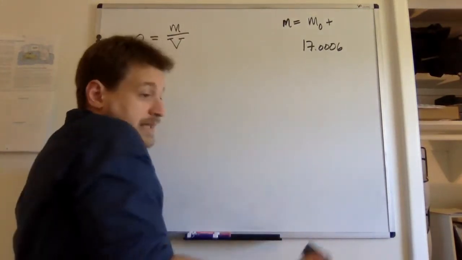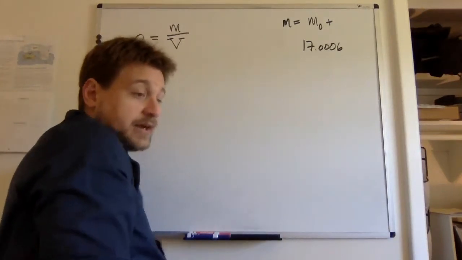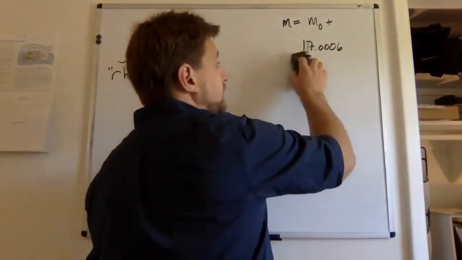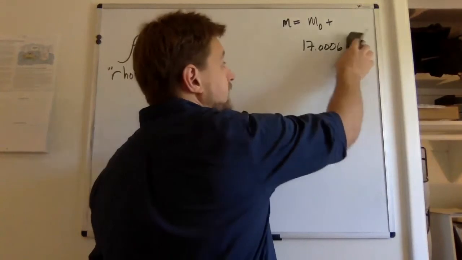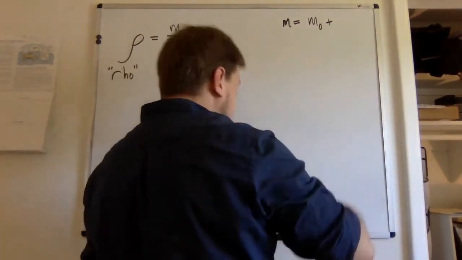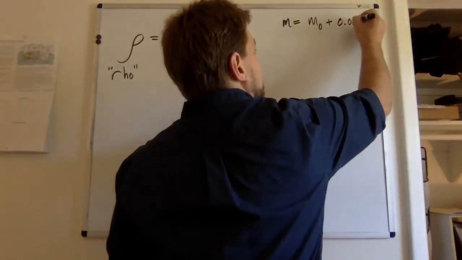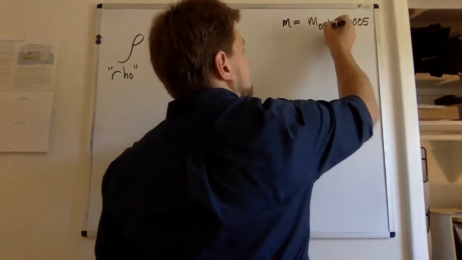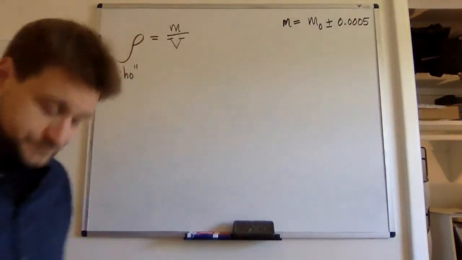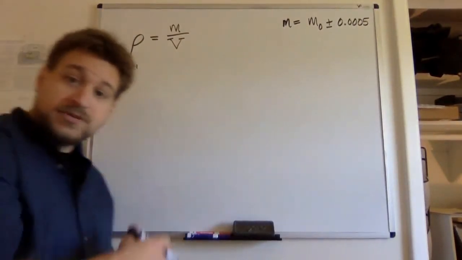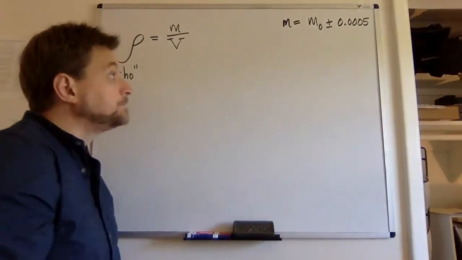So the variation, the error associated with reporting 17.001 is about half of that last digit, 0.005, plus or minus. Could be up, could be down, might be rounding up, might be rounding down.